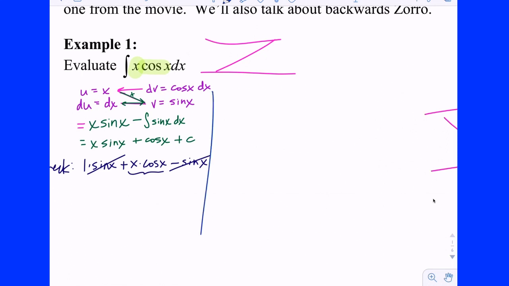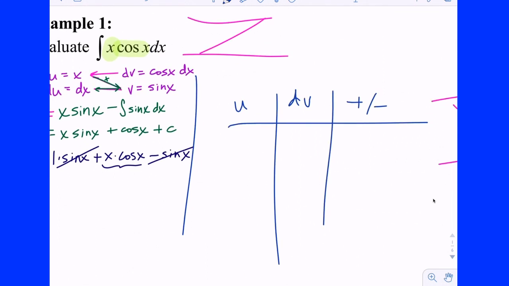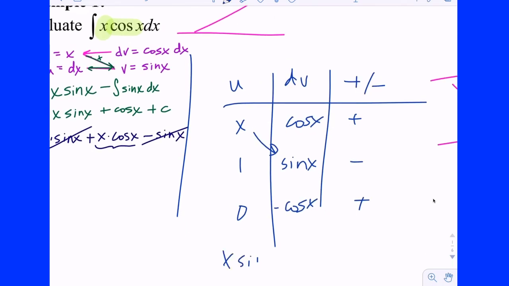Let's see. We got u, dv, plus or minus. You have x, that'll be 1, that'll be 0. This is cosine x, that's a positive. This would be sine of x, that's a negative. This would be negative cosine of x, that's a positive. If you go down the diagonal, you get x sine of x.